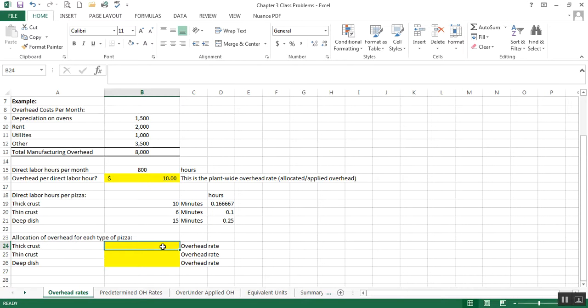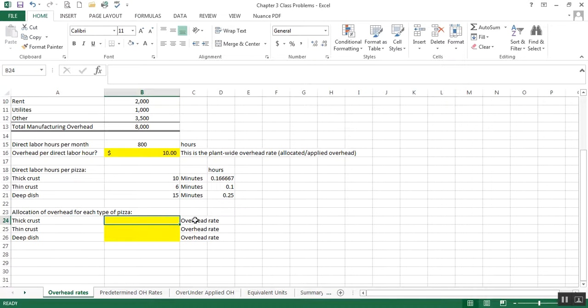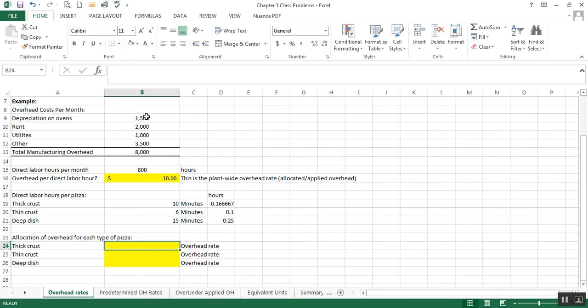We're going to simply do the same thing again. The allocation of overhead for each type of pizza. Okay? So we're looking at the number of hours, and the allocation rate is $10 per hour. So for thick crust pizza, they're going to get $10 times 0.167 hours. Okay?